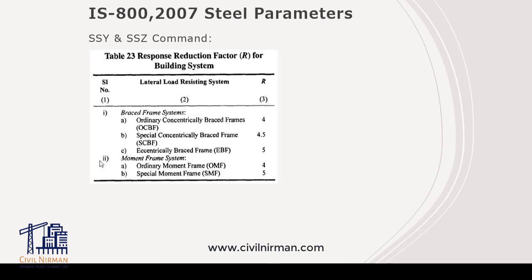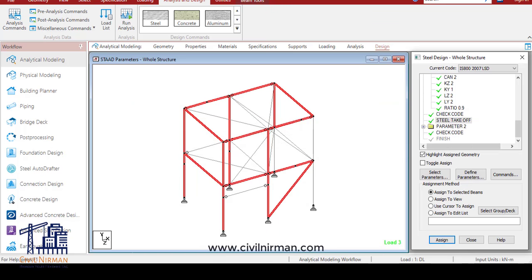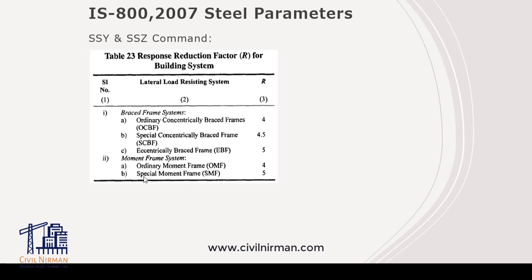And in the Z direction, where we have our moment connection, there we can provide either an ordinary moment frame, that's a response reduction value of 4, or a special moment frame which has a value of 5. So based on this particular table, we can define SSY and SSZ.